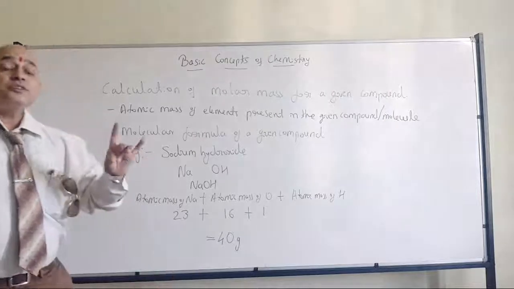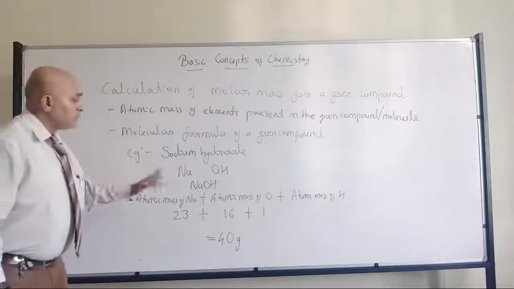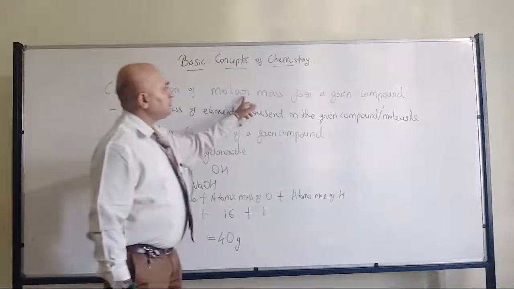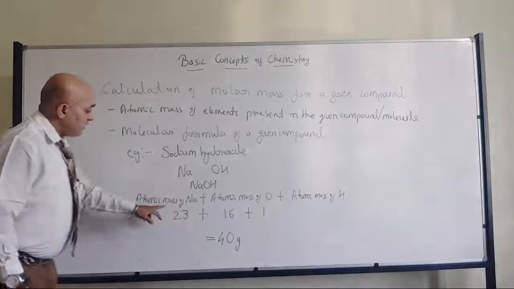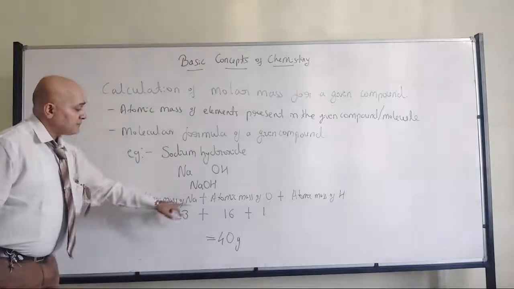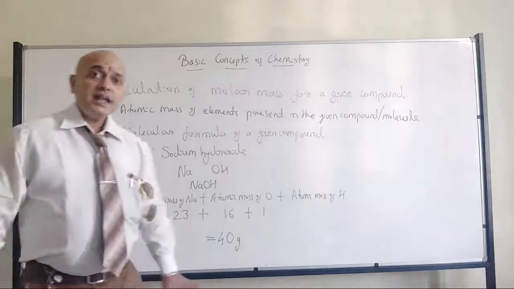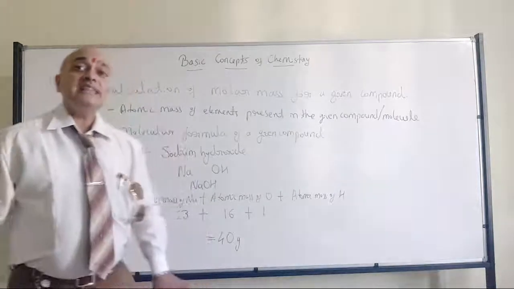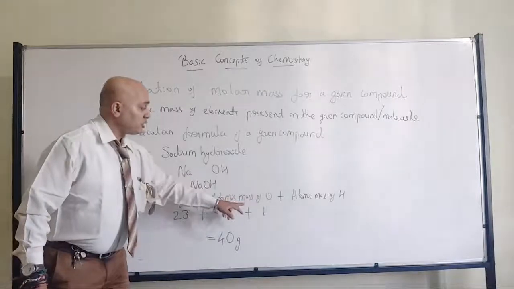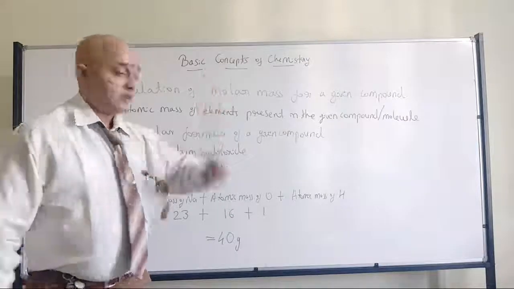Right? So don't take the help of atomic number. Atomic number we should not consider since we are talking about molar mass. So we have to take the atomic mass. So sodium atomic mass is 23. Atomic number is 11. Oxygen atomic mass is 16. Atomic number is 8.